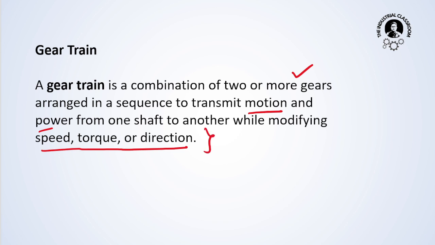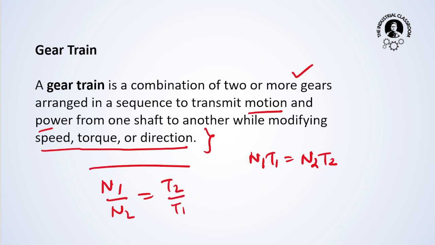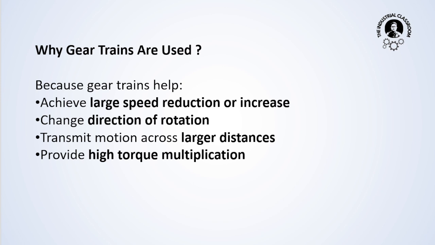Remember the things which we have learned earlier. We learned that N1 T1 is equal to N2 T2. We learned it, right? So whenever we go to change the speed, it comes in this way. So why are these gear trains used? To achieve a large speed reduction or increase, remember the formula, N2 by N1 is equal to T1 by T2.